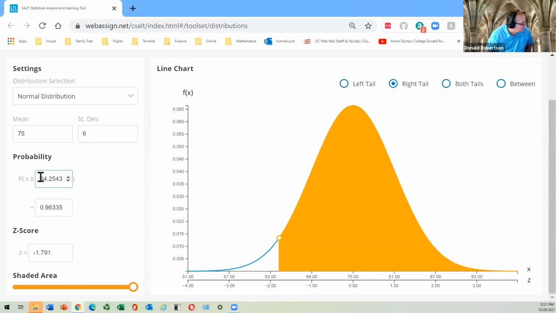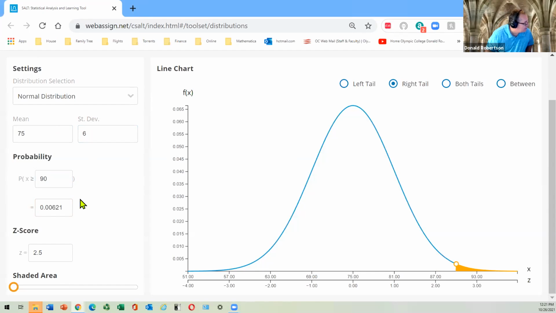And I want to know what's the chances that you get 90? Oh dear. Would you agree that the answer is very, very small? 0.006 to 3 decimal places.